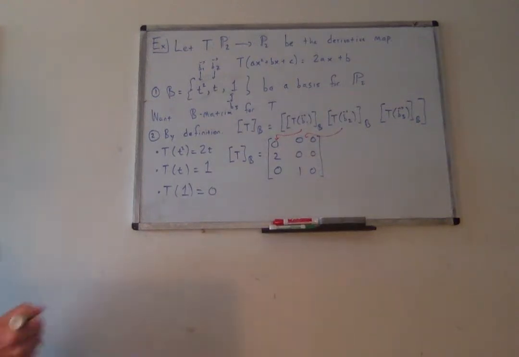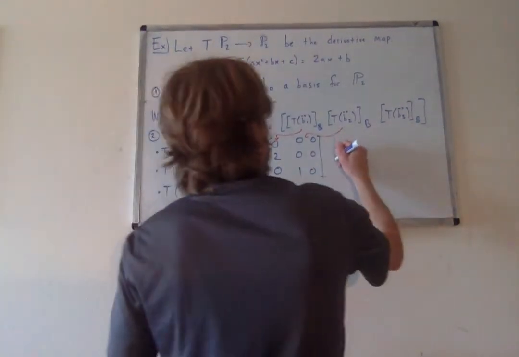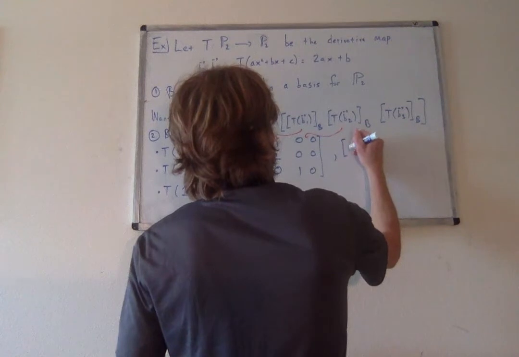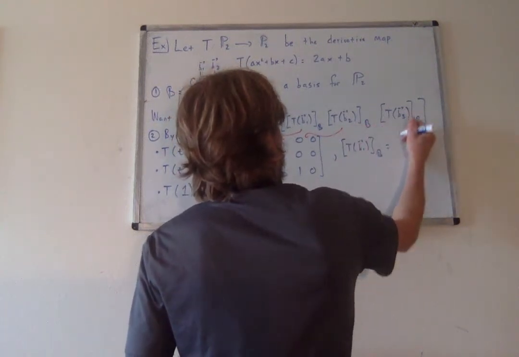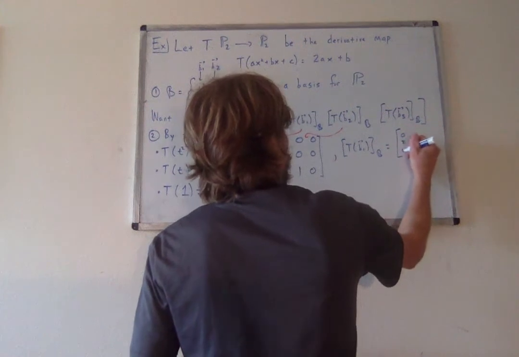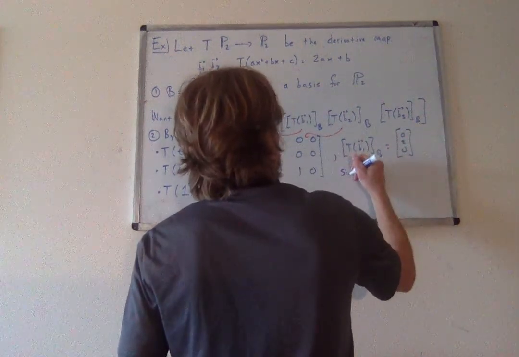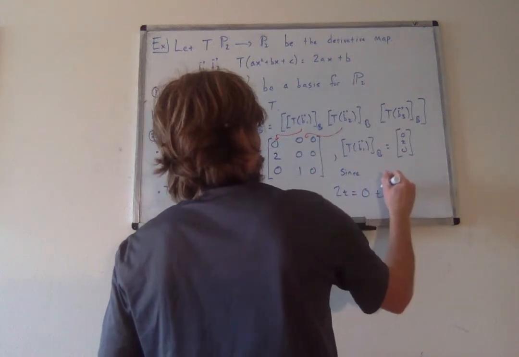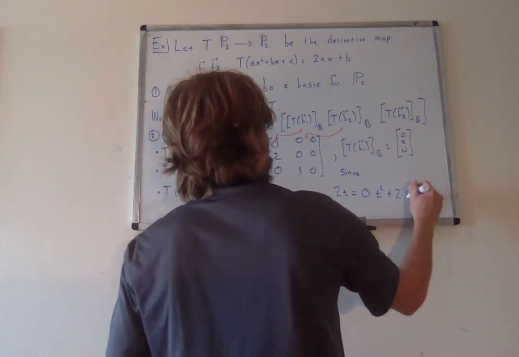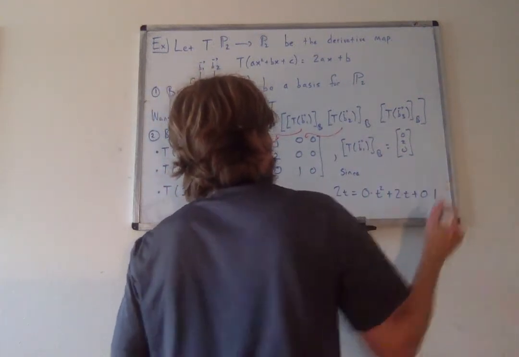And so remember, as a reminder, we say that the B representation of T of B1 is 0, 2, 0, since the vector 2t is equal to 0 times t squared plus 2 times t plus 0 times 1.